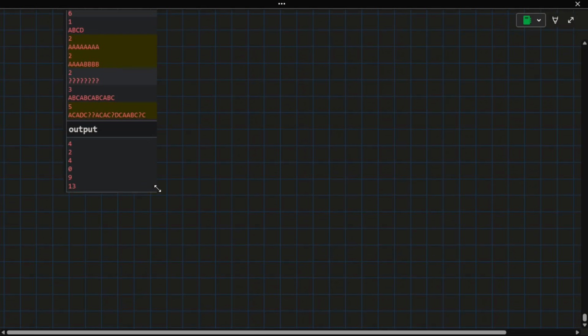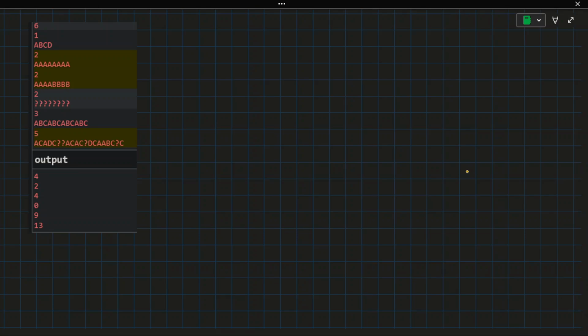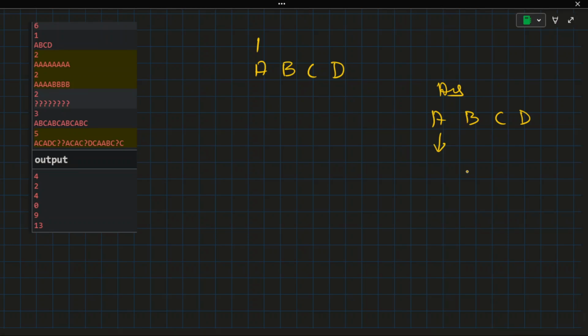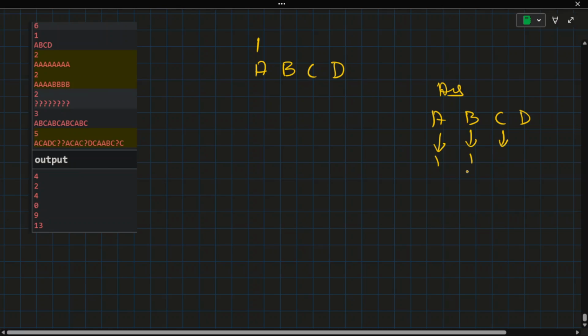In the first test case, n is 1 and the answer sheet is A, B, C, D. As you know, for A there is always one answer that exists, one for B, one for C, one for D. There is one question for which the answer is A, one for which the answer is B, one for C, one for D. And Tim writes A for question 1, B for question 2, C for question 3, D for question 4.